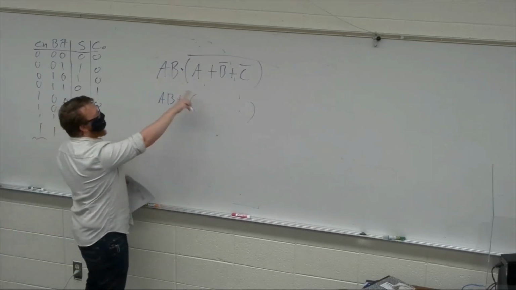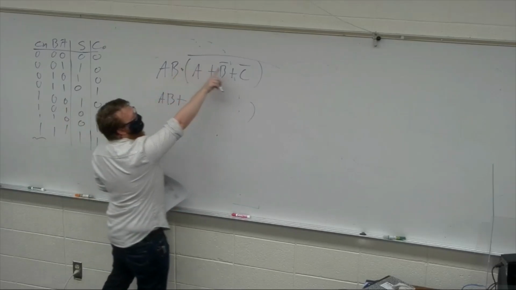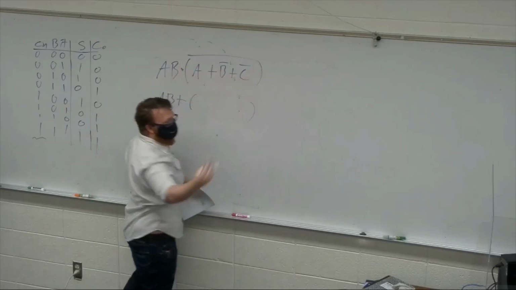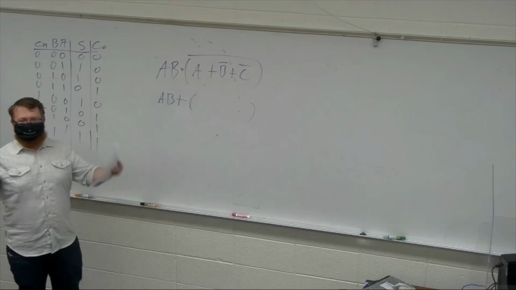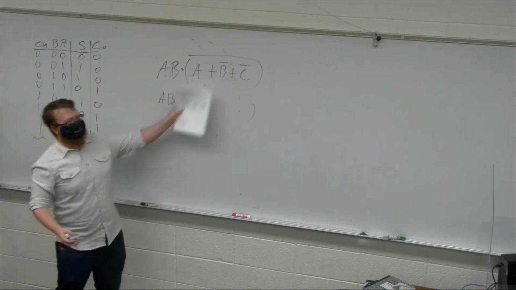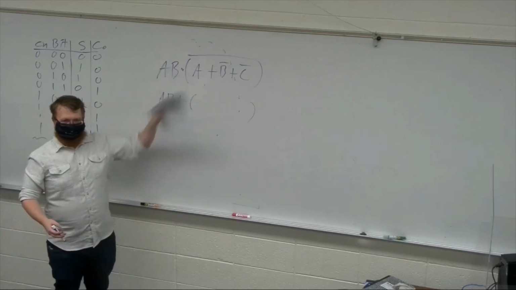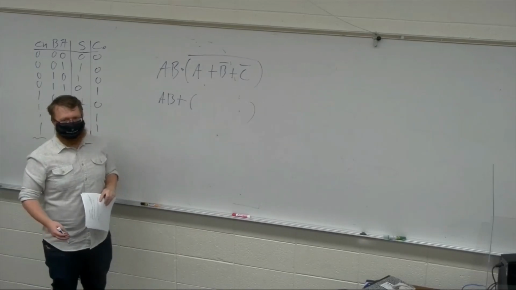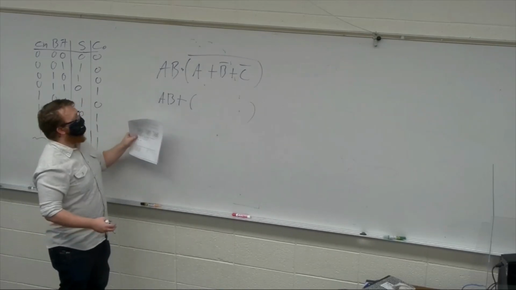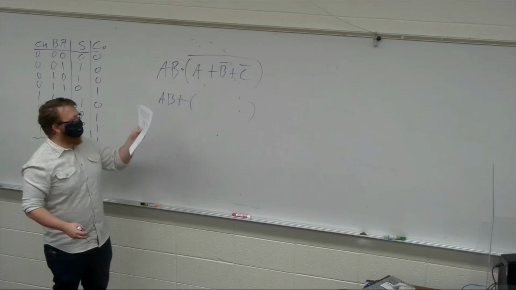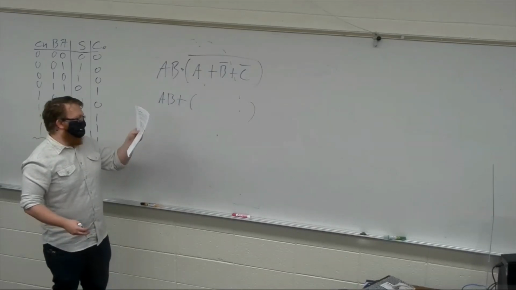If the bar's not over it, don't do it. You can treat the bar like parentheses. That's why we use De Morgan's, because we can't do anything inside the parentheses until we get rid of the parentheses. That's one way of thinking about it. So that was the major issue on that first one.